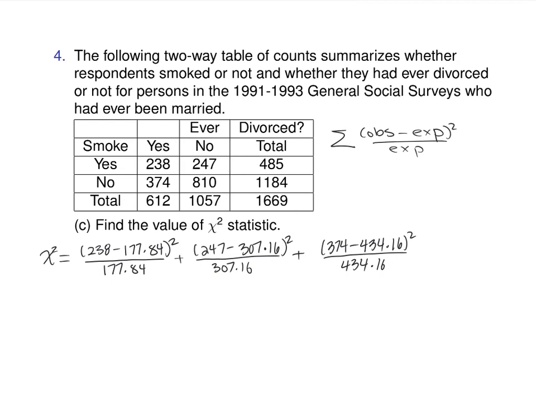And then we have, lastly, 810 minus 749.84 squared over 749.84.